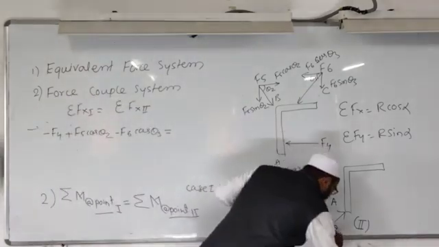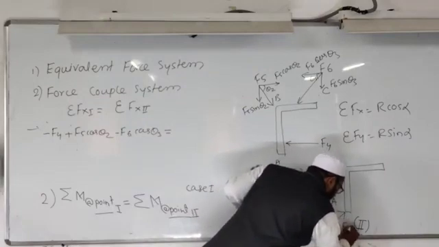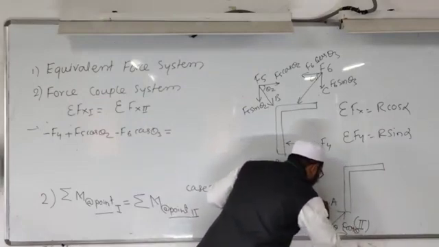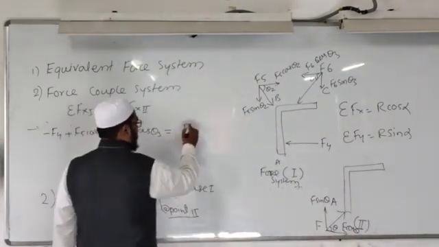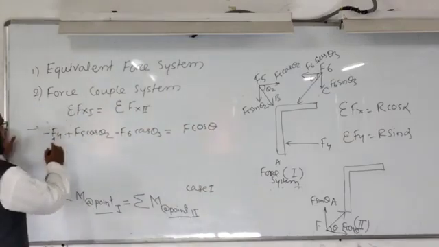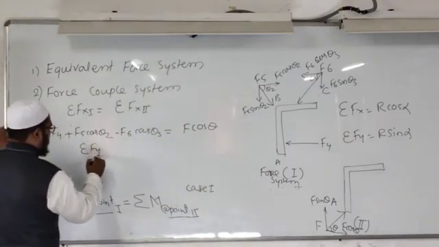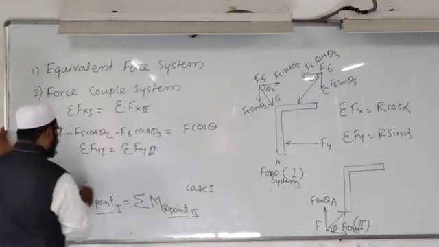This is the second force system. I will divide it into two components, F cos theta and F sin theta. Therefore, it is F cos theta. Similarly, I will write for the second condition: summation of Fy of first is equal to summation of Fy of second.